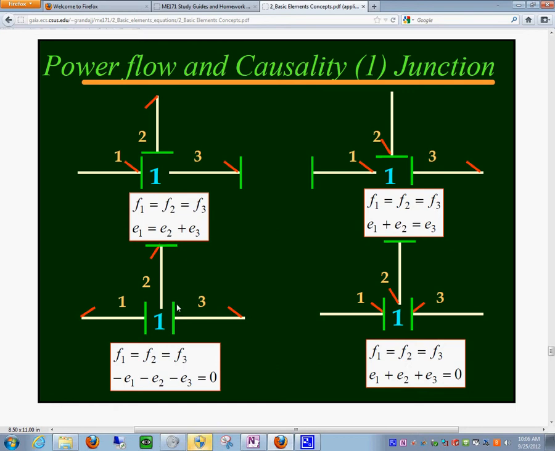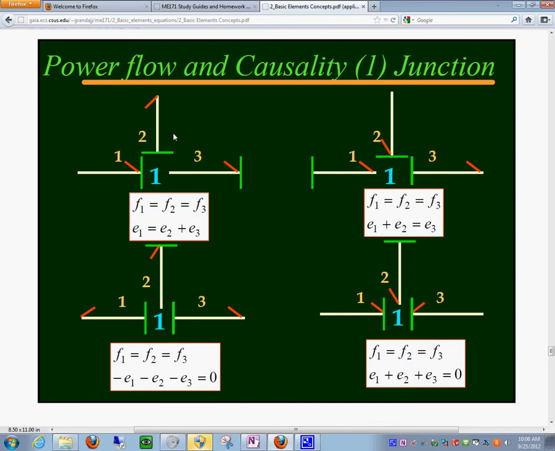I have deliberately taken the time to make sure that we indicate the flows with red color, and then it says, okay, in this case, remember the flows are the same, but E1 is equal to E sub 2 plus E sub 3. That's how you read this picture.